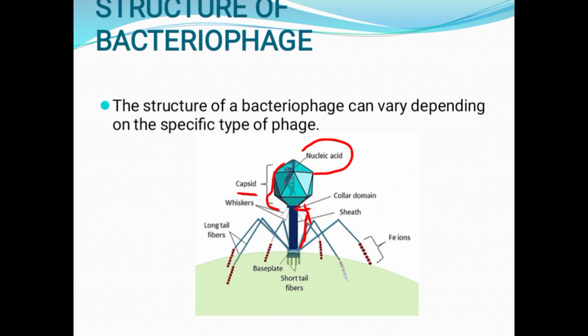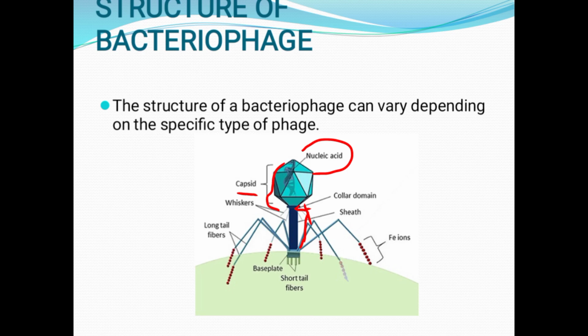So this part here is called the tail, and the main function of the tail is to deliver the phage's genetic material into the host cell. That is the main function of the tail.